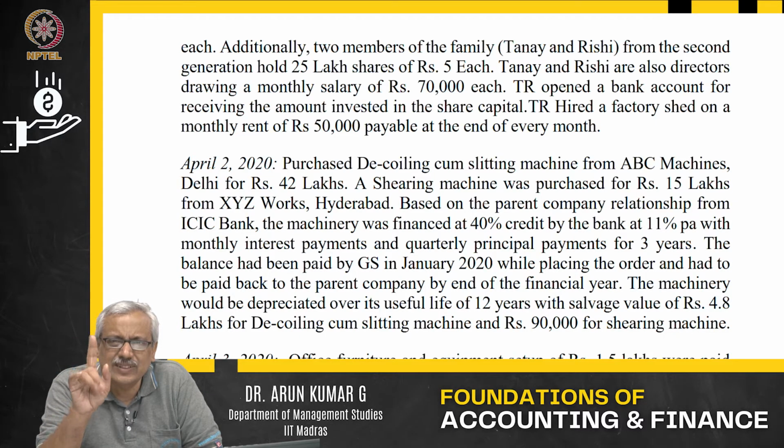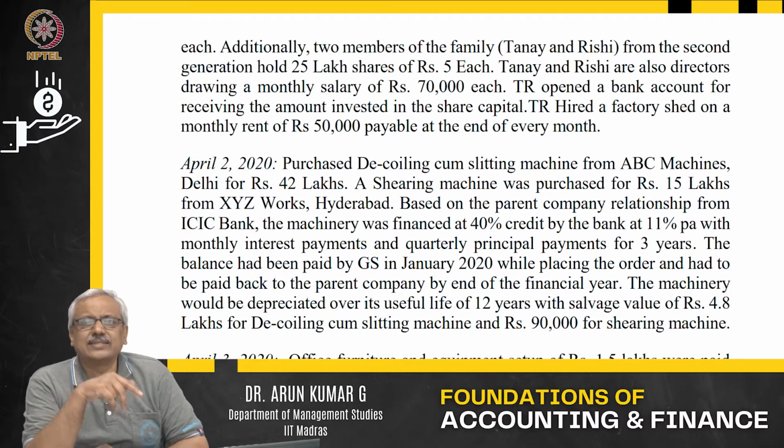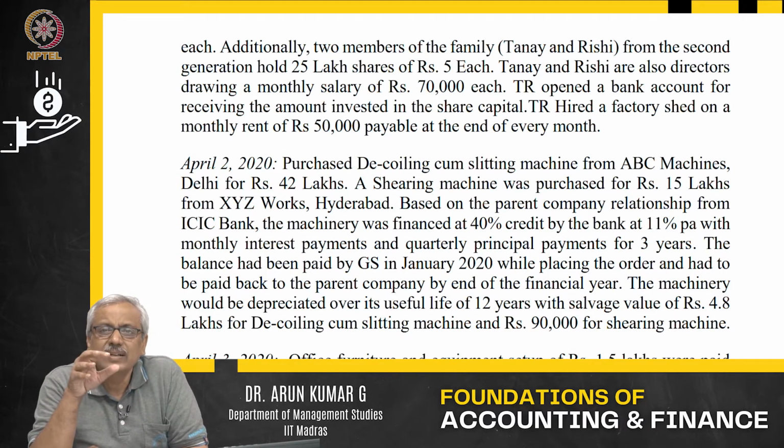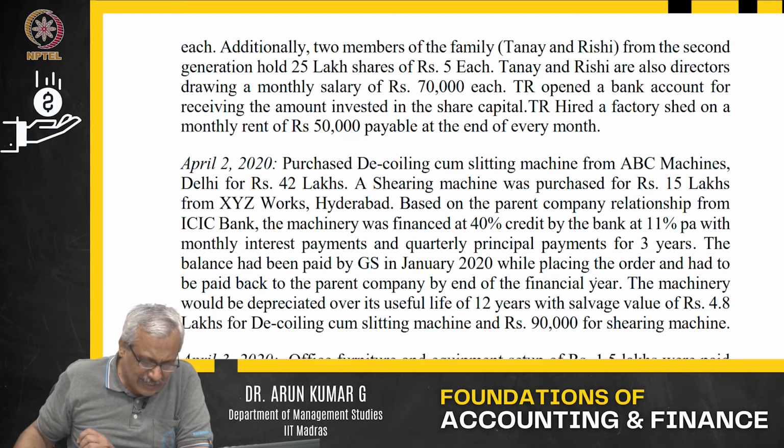Ownership has transferred. When ownership has transferred, that means you are the owner. When TR Steel in this particular case is the owner, what basically happens? It becomes an asset for TR Steel. So there is an asset, a machine that is bought.